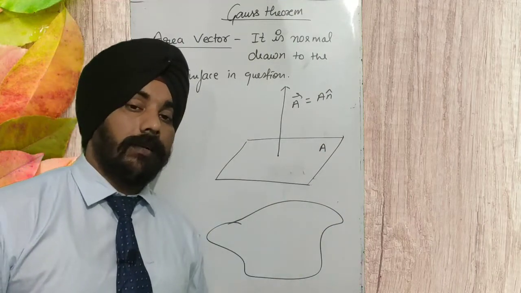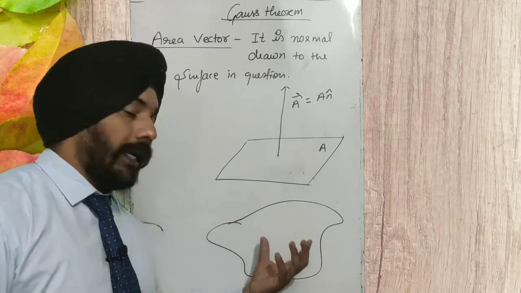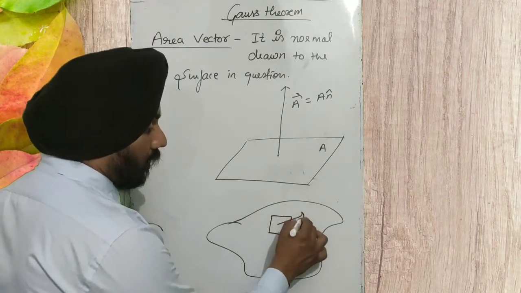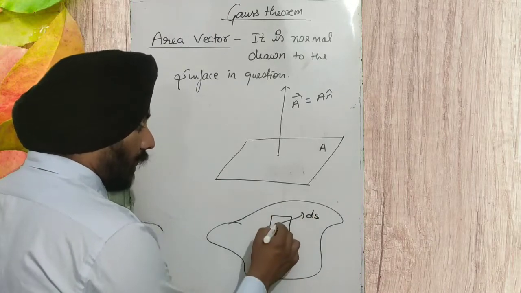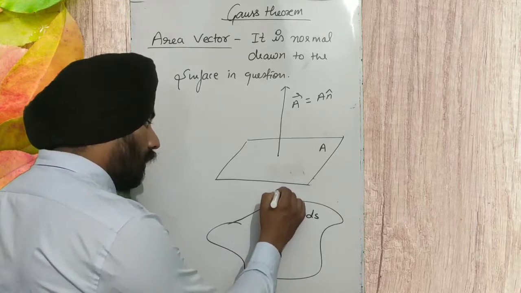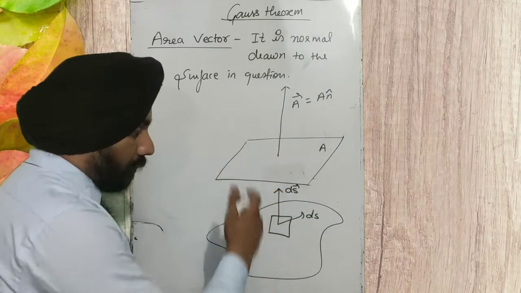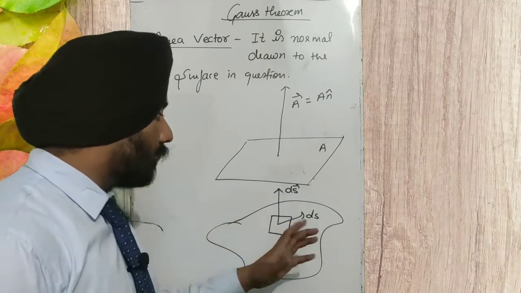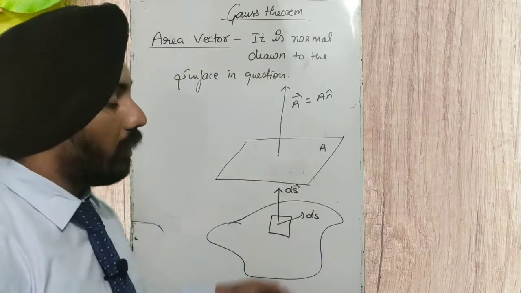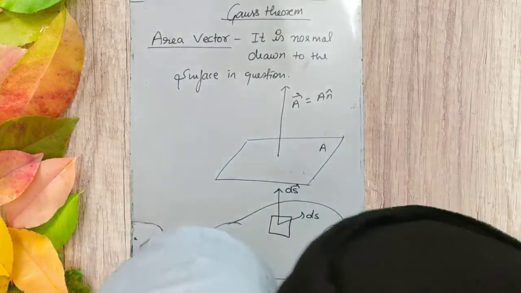Then we need to divide this surface into an infinitely large number of smaller parts, and any one part of this surface we call ds. Ds is the area of this smaller part of the surface, and its area vector will be ds vector. The length of this arrow that we have drawn shows the magnitude of ds, and the outward direction shows the direction. So this is a way to find out the direction of area of a surface.